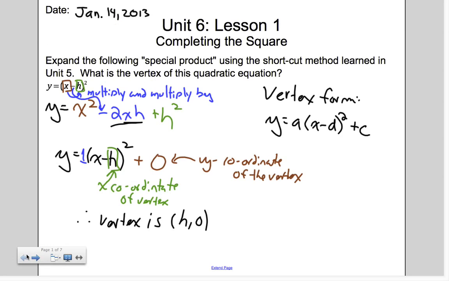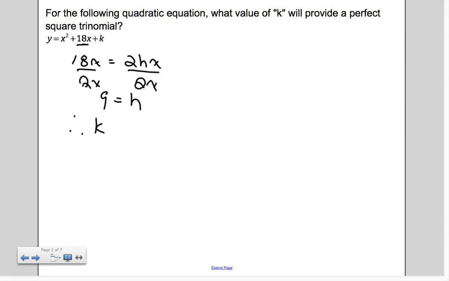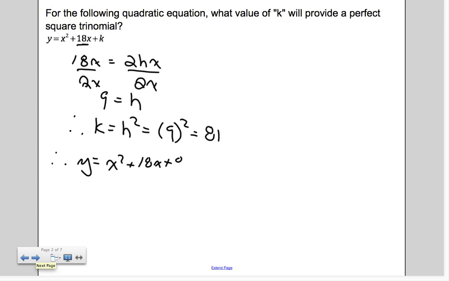But what is it that we want for a perfect square trinomial? What's that constant? It's actually h squared. So therefore, k is equal to h squared, which is equal to 9 squared, which is equal to 81. So therefore, y is equal to x squared plus 18x plus 81 is a perfect square trinomial.